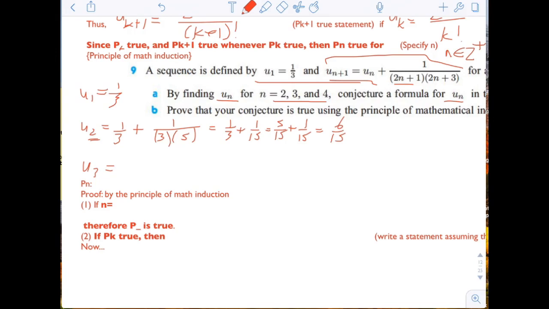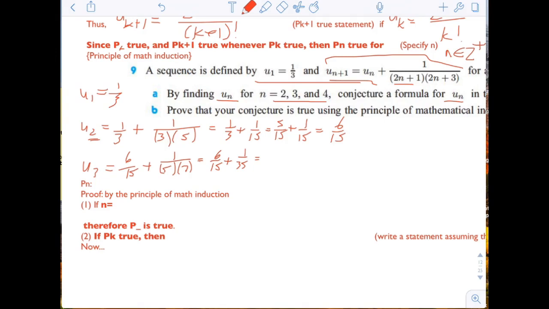Now, if we're going to find U3, then we would take U2, 6/15, and we would add it to 1 over, this time we're using n equals 2, so that would be 5 times 7. So that would be 6/15 plus 1/35. The common denominator there would be 105. Is that right? Yes.